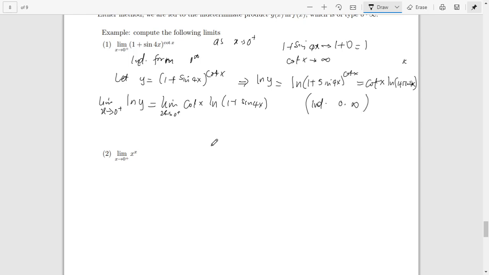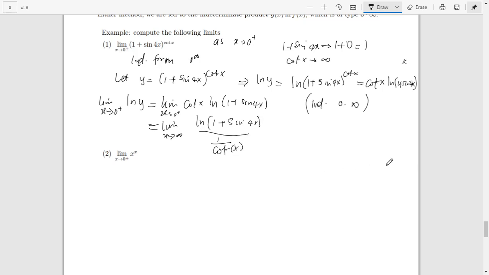Recall that usually, instead of a product, we write it as a fraction. So that is what I'm going to do here. So this will be the limit as x tends to 0, and I'll just leave the natural log above since it's more complicated, 1 plus sine 4x here, all over 1 over cot x.